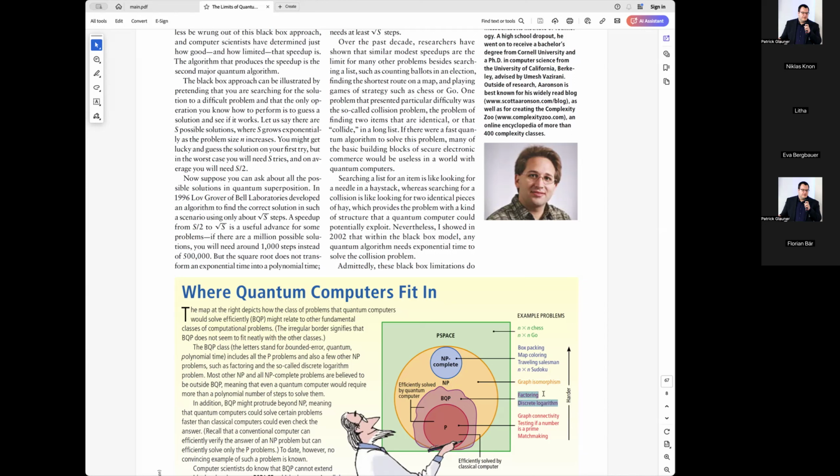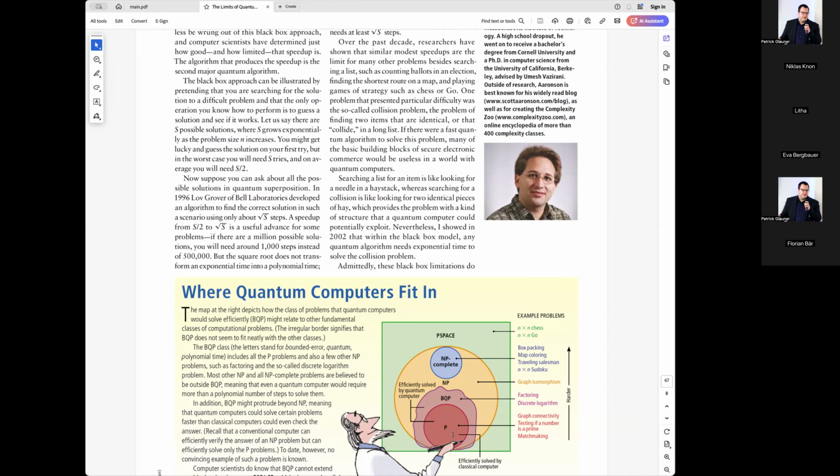For example, factoring. We've seen Shor's algorithm. It addresses the problem of integer factorization, which is in NP, and we believe that NP and P are different. So we could solve this efficiently. There are some other ones, for example, the discrete logarithm, which is also something mentioned in the quantum algorithms.